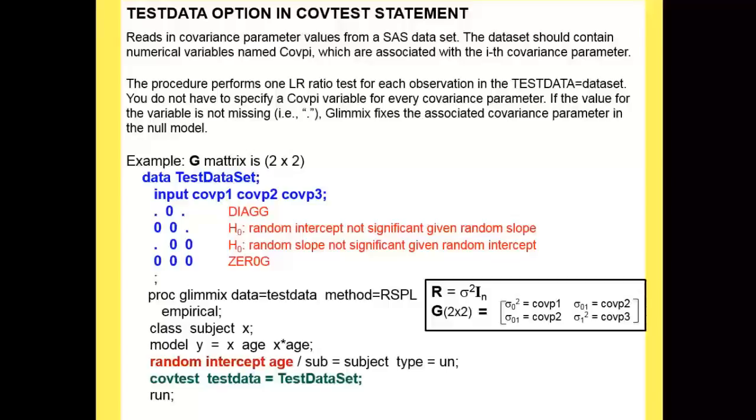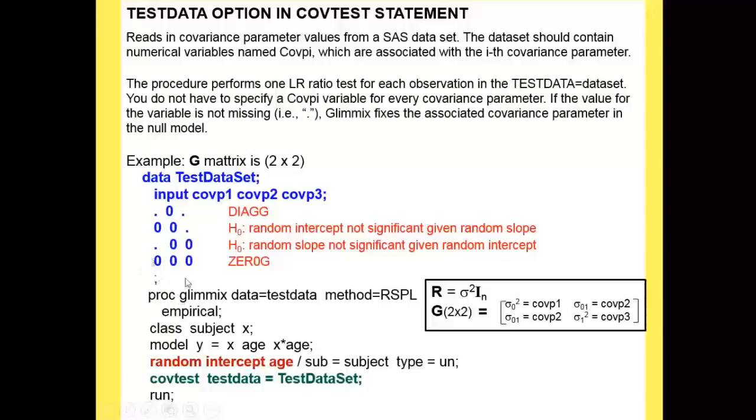And the 0G doesn't do that. 0G, which would be equivalent to going 0, 0, 0, basically says there are no random effects. But this says, if I have two random effects, maybe I can test whether I can drop one of them. It's sort of like a backward elimination type of approach to how you can deal with the G matrix. Now just to make this point, there are 4 lines, and each one of these 4 lines represents a different test.